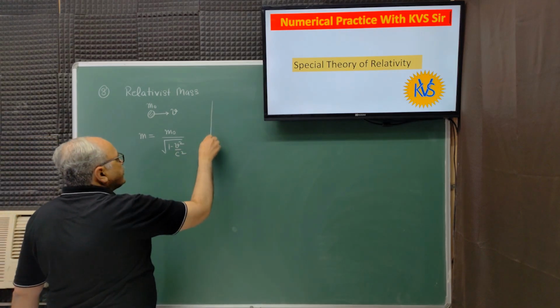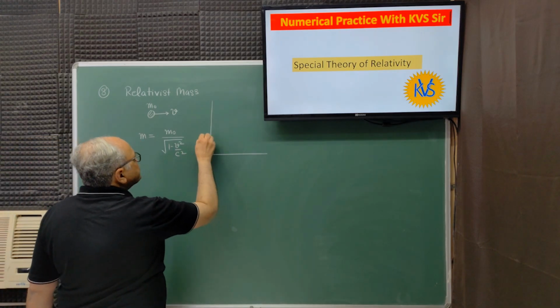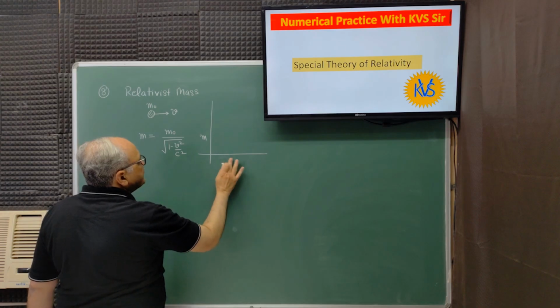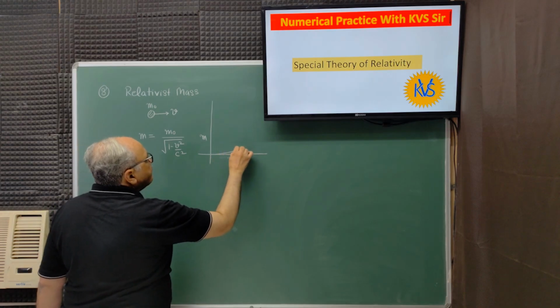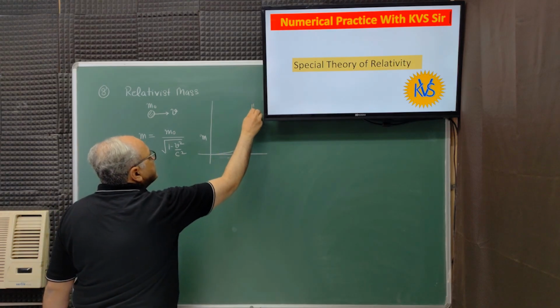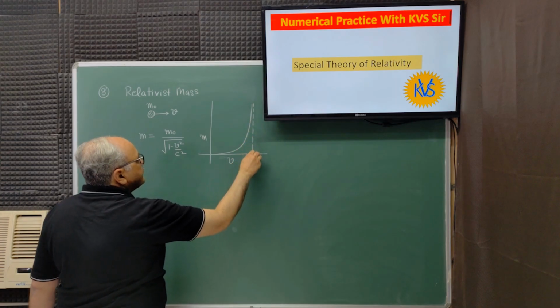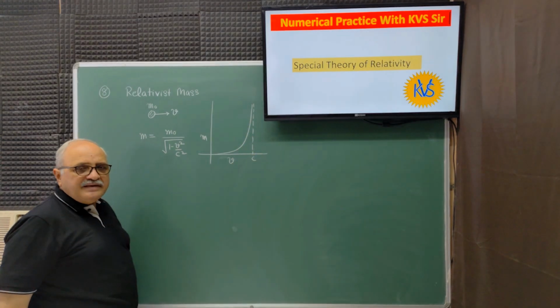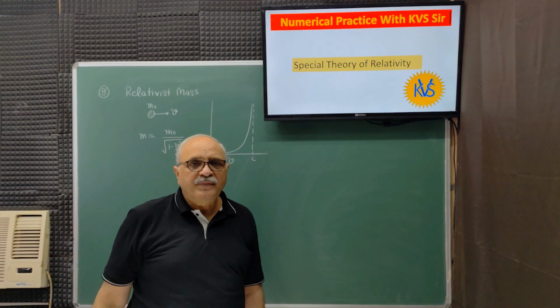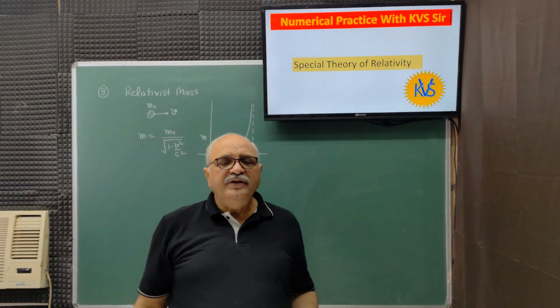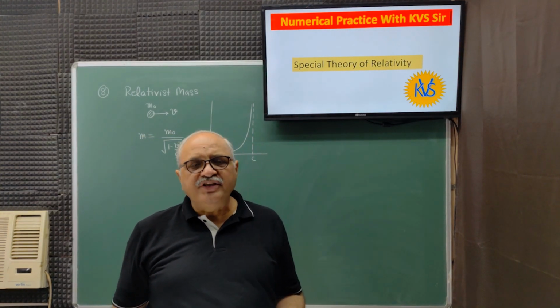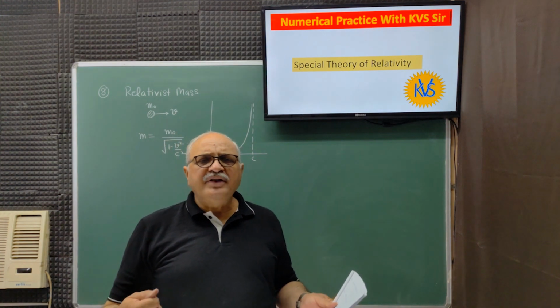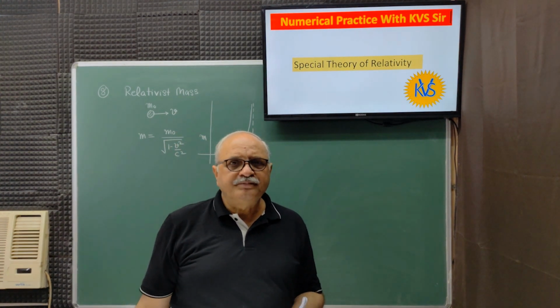So if you plot this mass versus the velocity, you will get a very interesting result, that there is a continuous increase in the mass of the body. This is essentially required in order to have the conservation of linear momentum, say for example in a collision experiment.